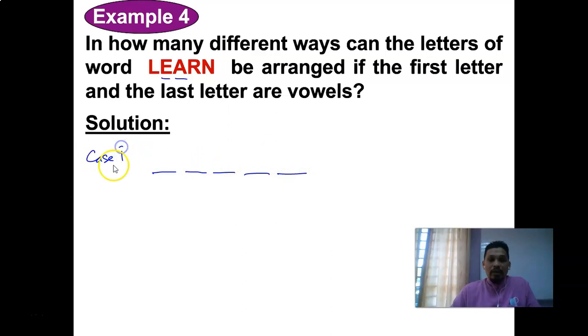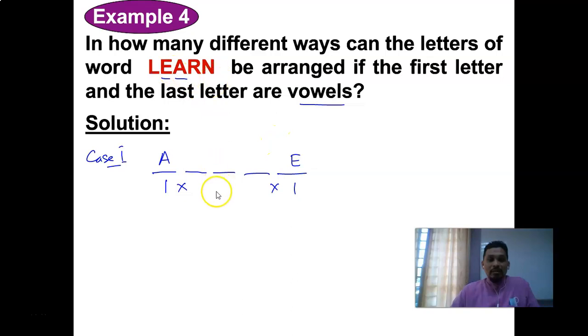Case number 1: if we begin this arrangement with the letter A and end up with E, because the first and the last letters are vowels, A and E. When A and E are placed in the first and the last positions, we have L, R, N to be arranged in between. There is 1 way of placing A and 1 way for E, because there is only 1 A and 1 E. So we put them straight here and here.